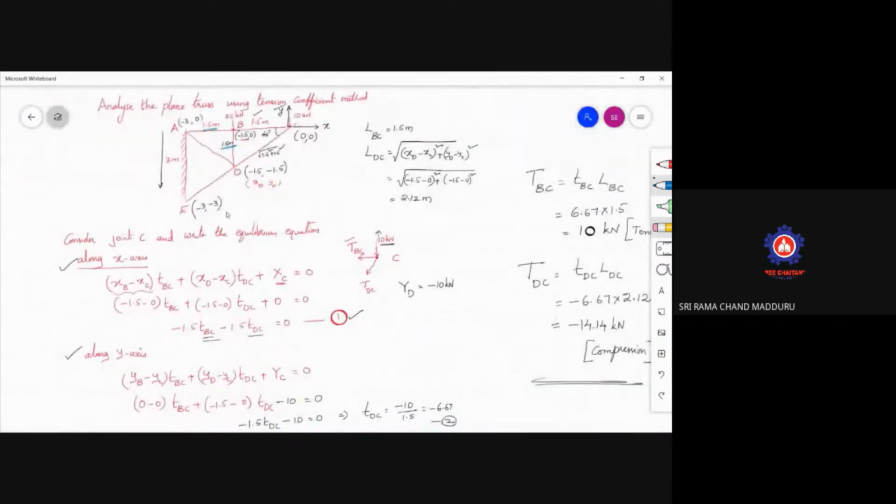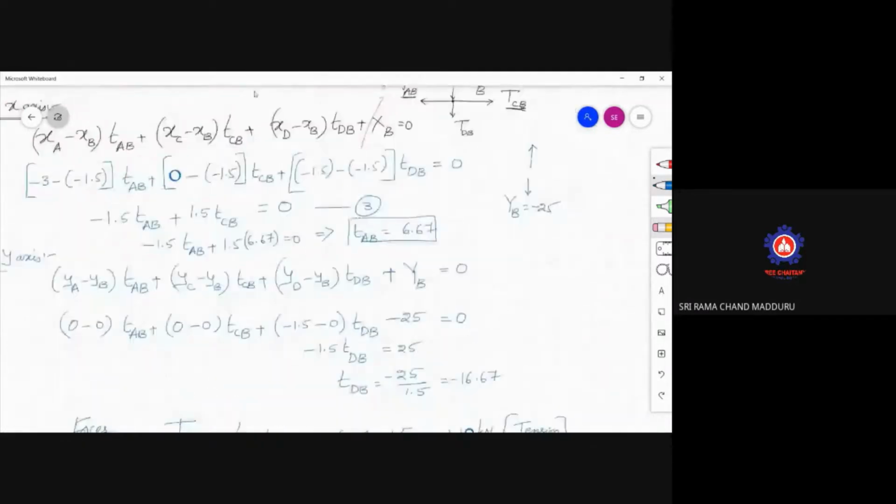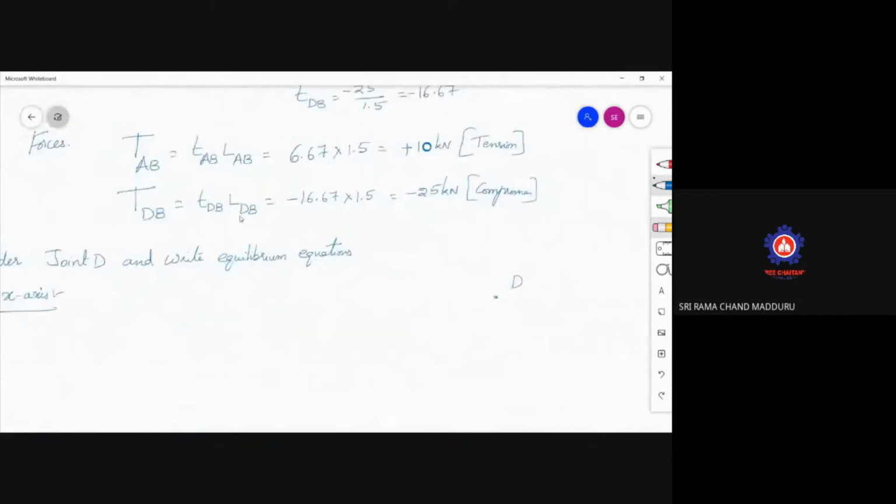At joint D, the members are CD, ED, AD, as well as BD. Total 4 members are there. We did not bother about the angles, because this problem is based on the coordinate system, so don't bother about the angles. There are 4 members meeting here.